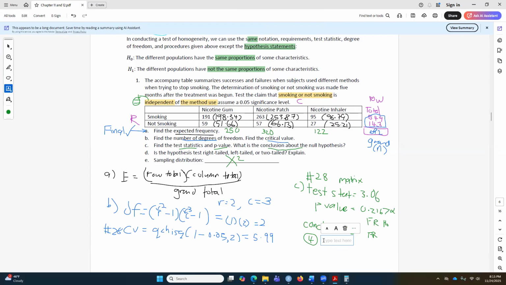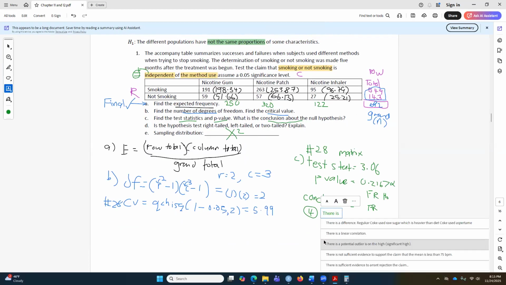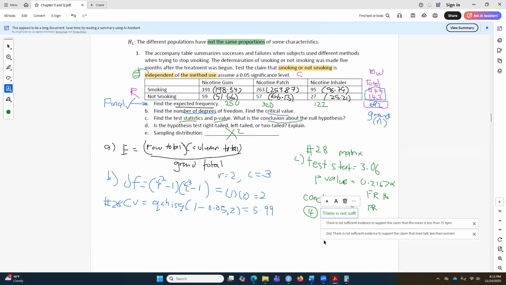The conclusion will be: there is not sufficient evidence to warrant rejection of the claim that smoking or not smoking is independent of the method used.